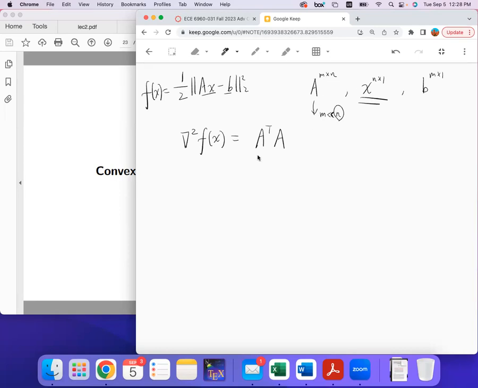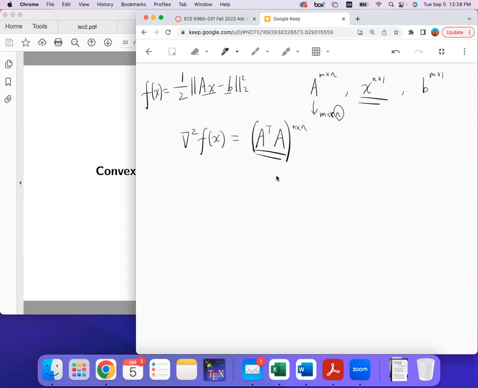And the consequence is that this second order derivative, A transpose A, you can check, the dimension of A transpose is N by M. So after multiplication it is N by N.